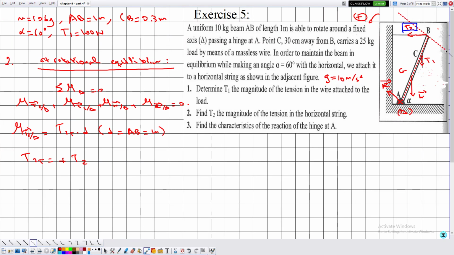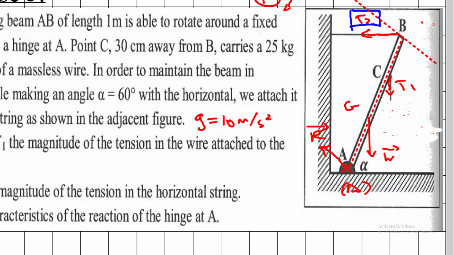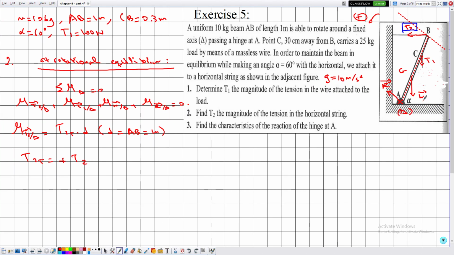So now we need to use a bit of geometry in order to determine this angle. Notice that this line is parallel to this line, we suppose. Why? Because here they are telling us, in order to maintain the beam in equilibrium while making an angle alpha equal to 60 degrees with the horizontal, we attach a horizontal string.